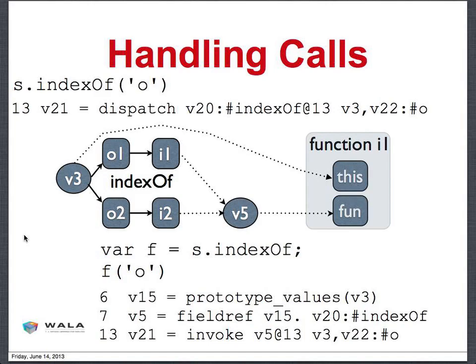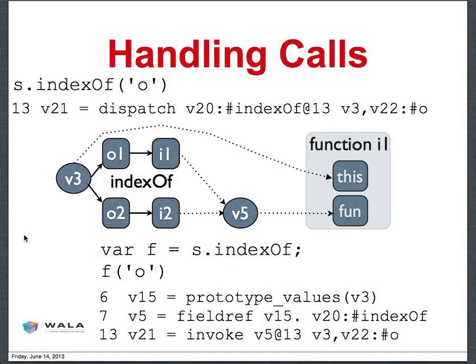So that is what this dispatch pointer does. It's essentially doing a double level of indirection. It says for each possible abstract object of v3, look up its model of index of, and call those functions on only that abstract object.